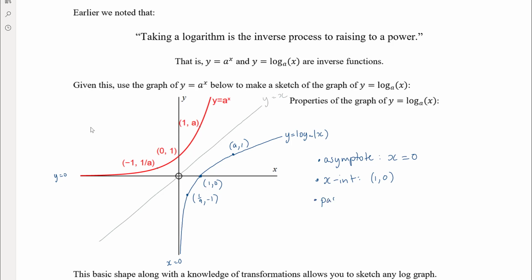We pass through the points (a, 1) and (1/a, -1). We have a domain that's equal to the range of the exponential, and that is positive real numbers. And we have a range that's equal to the domain of the exponential, which is all the real numbers. Okay, so there's our log shape.